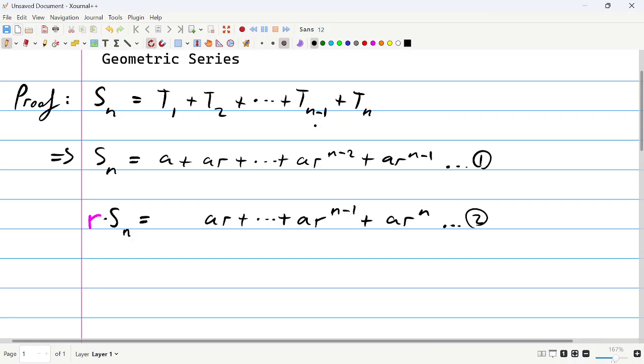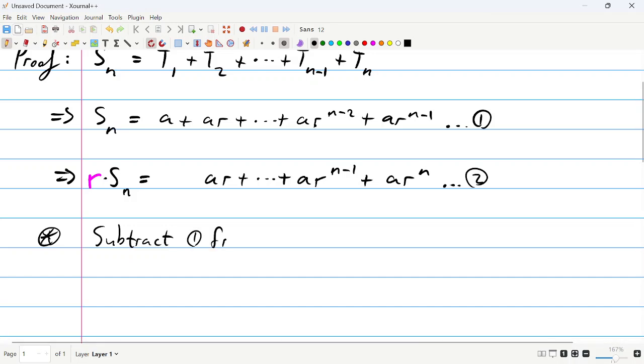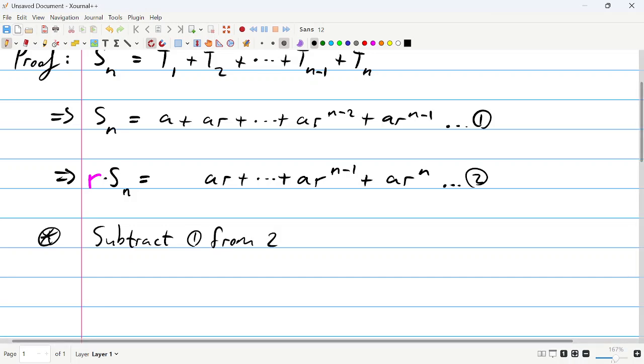And then what we're going to do, there's two methods that we are going to approach this from. Okay, let me not rather do that. So, let's do this. We are going to subtract 1 from 2. So essentially that is just saying 2 minus 1.